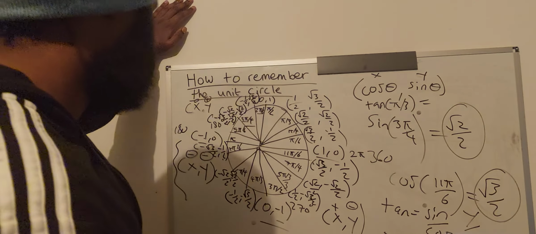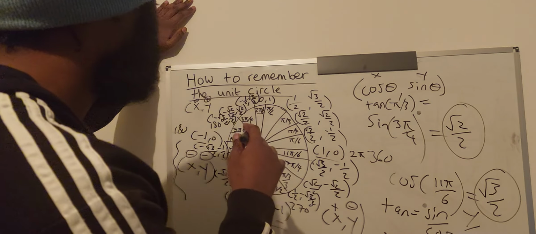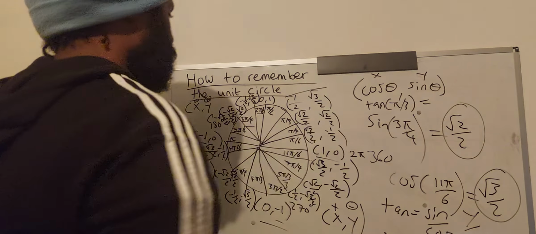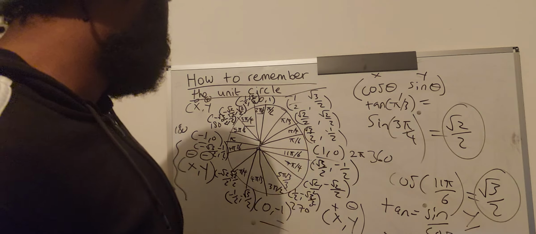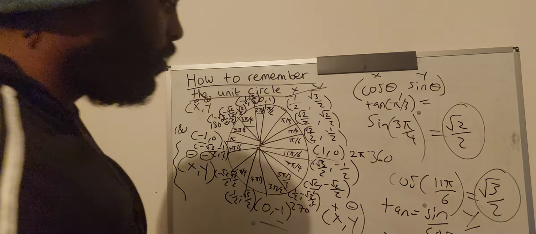Well, pi over 3 corresponds to, hold on, I have a lot of numbers here. Pi over 3 is in the middle. No, it's not in the middle. It's this one. This is pi over 3. That's pi over 4. That's pi over 6. All right, so this is x, this is y. How do you do it?